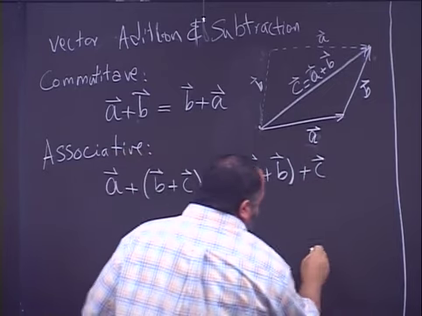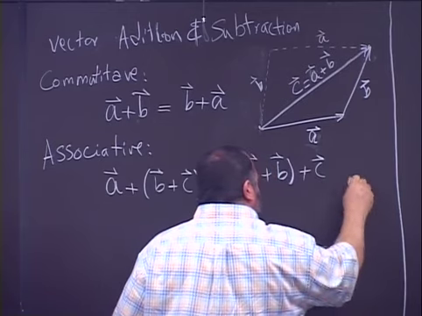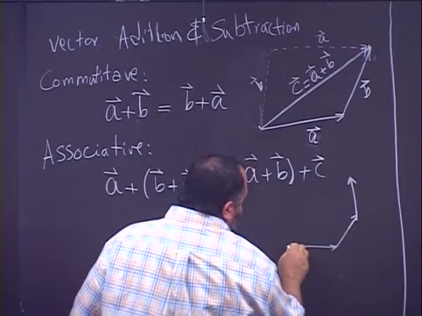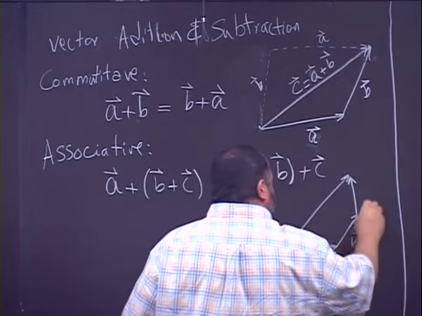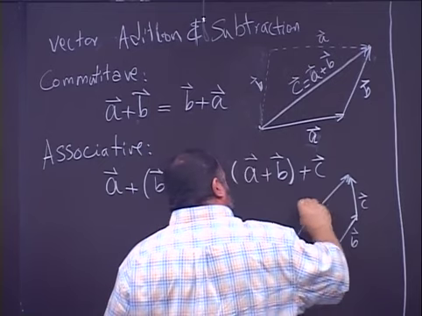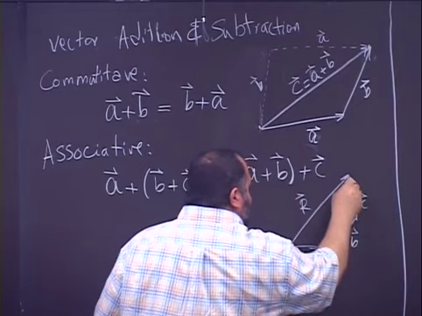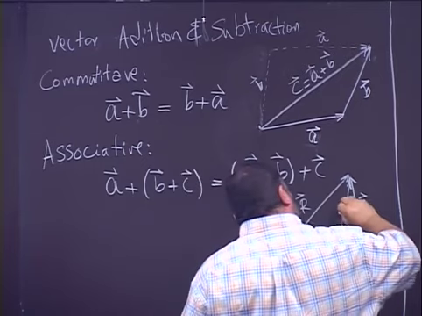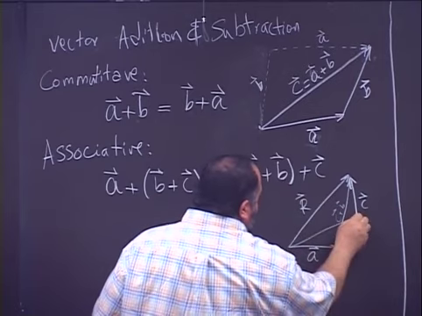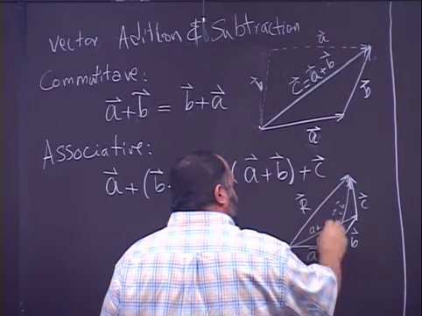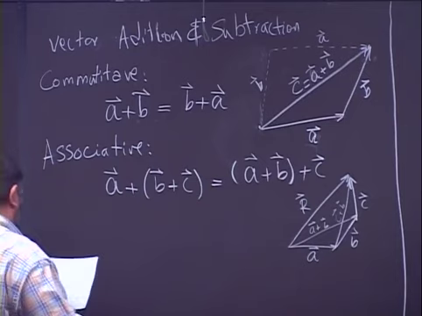So let's assume that you have A, then you have B, then you have C. So you can say that this is the resultant that closes A plus B plus C, and let's say that this is the resultant R. So you can say that it is A plus the summation of B plus C. So this is the summation of C plus B. Or you can say that it is A plus B plus C. So this is the associative property.